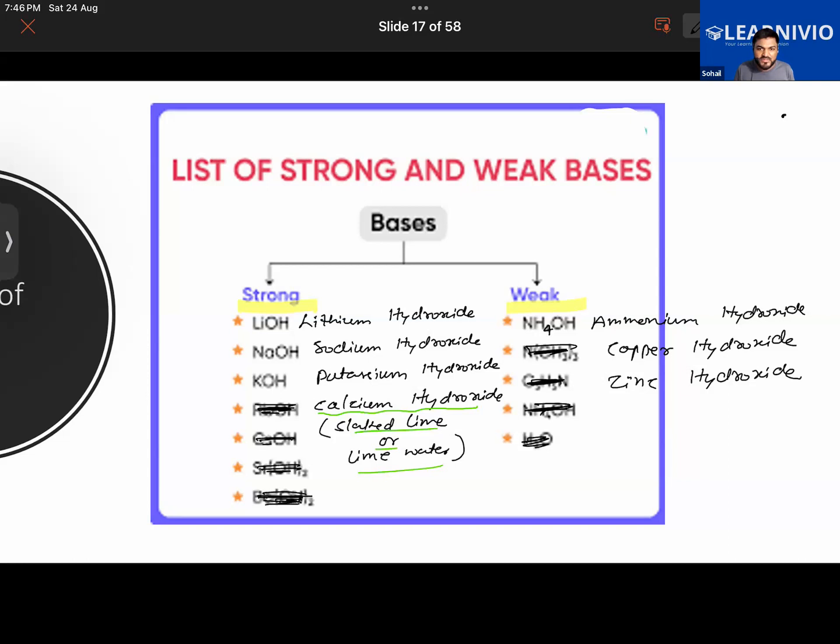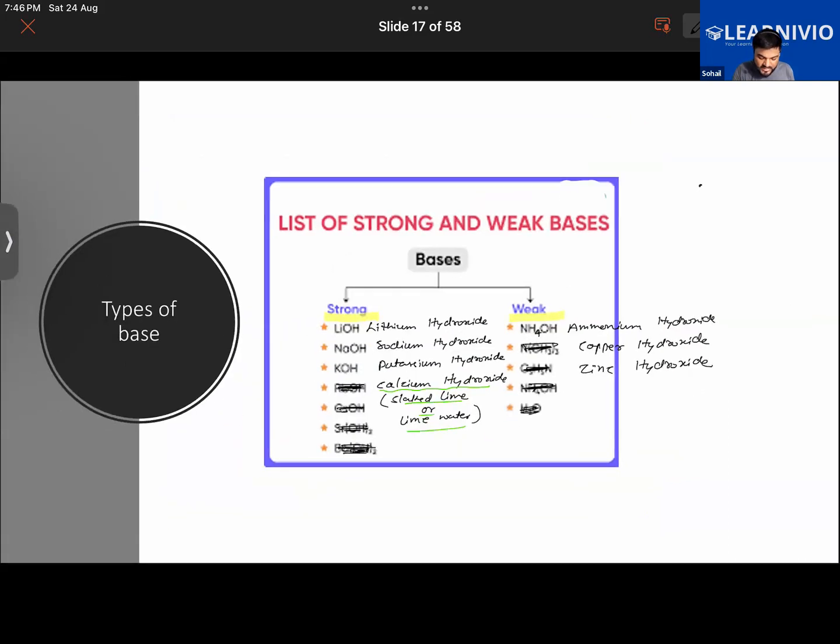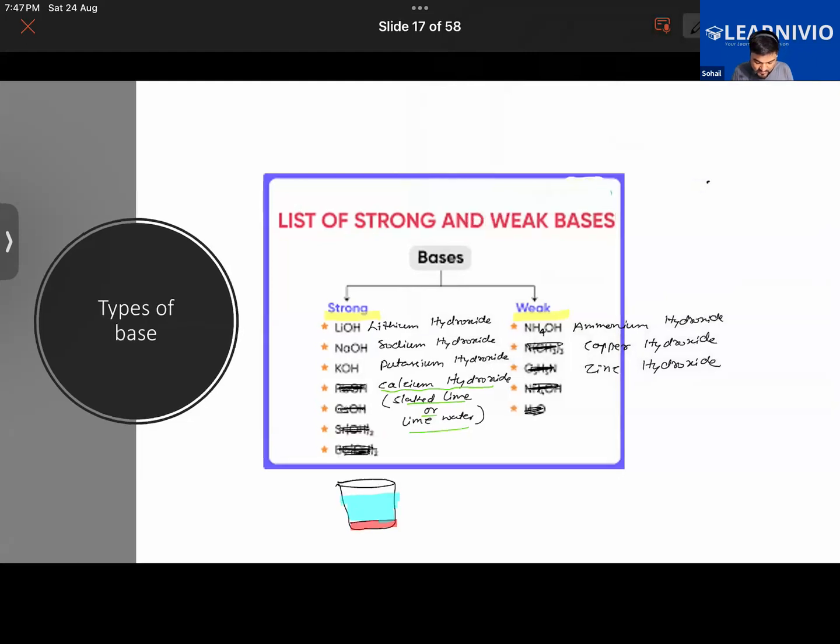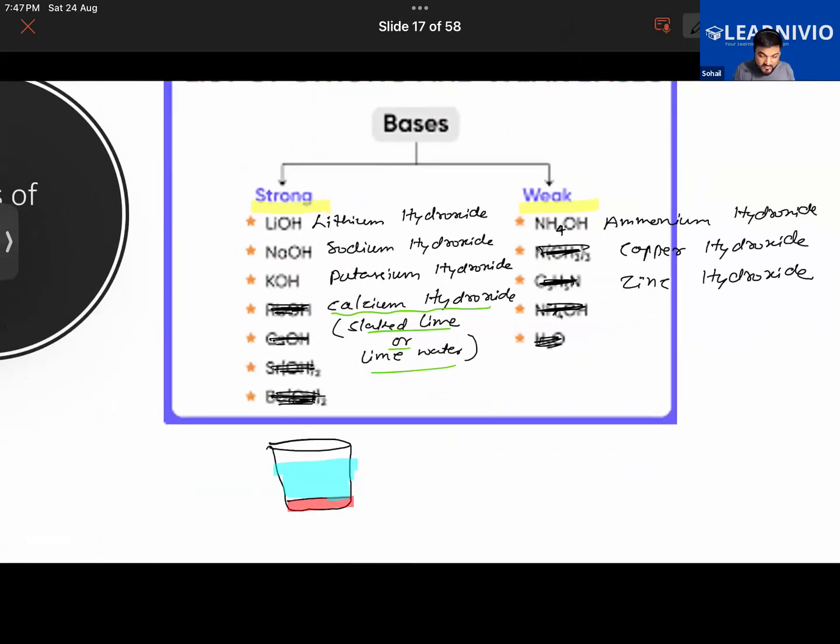What do I mean to say by this? Say, for example, I have taken a glass beaker and I have taken some base into this. Let's say this is any of the bases from the above examples. And if I were to add some water into it, I will see that this base will break into charged particles.